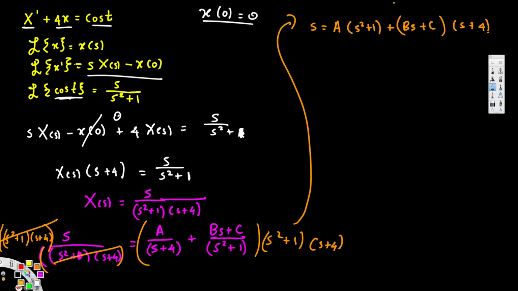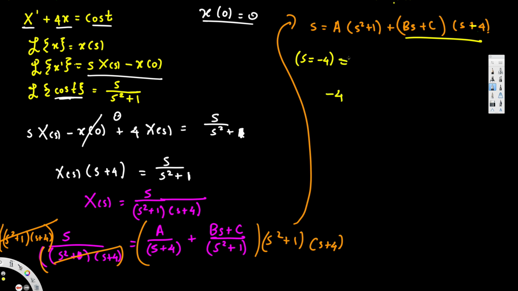Now we have to pick a value in such a way that we can get rid of this whole thing and solve for a. To do that, we can pick s as negative 4. If you pick that, this is going to be 0, and on the other side we will have negative 4.